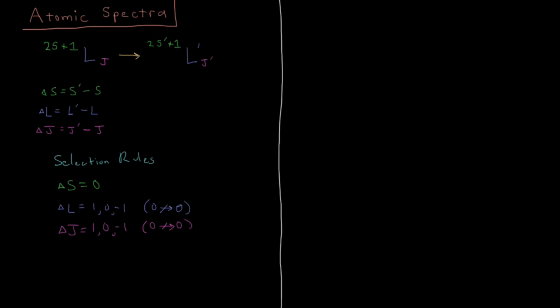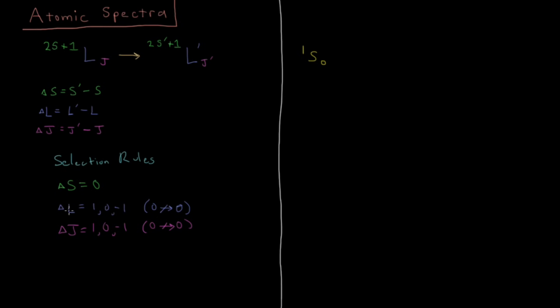Okay, so with these rules, let's look at some examples for what types of transitions would be allowed. So if we first look at the simplest term symbol, singlet S0, S equals 0, L equals 0, J equals 0, for our multiplicity being 1, 2S+1. And in this case, since our delta L and delta J can't be 0 because we're already in 0 for both of them, and these values are greater than or equal to 0, we have to have delta L and delta J equals plus 1.